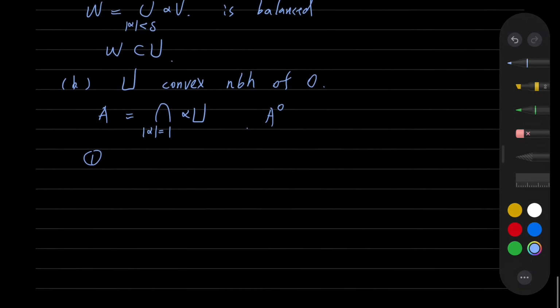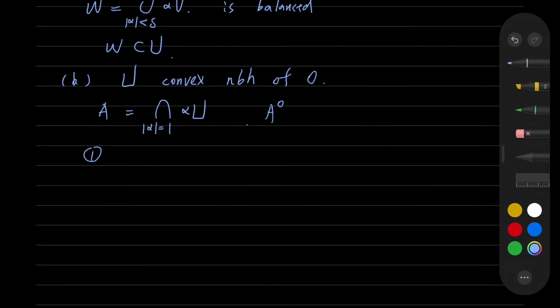So, okay. By the first part, there exists W such that W is balanced and it is contained in U, right?